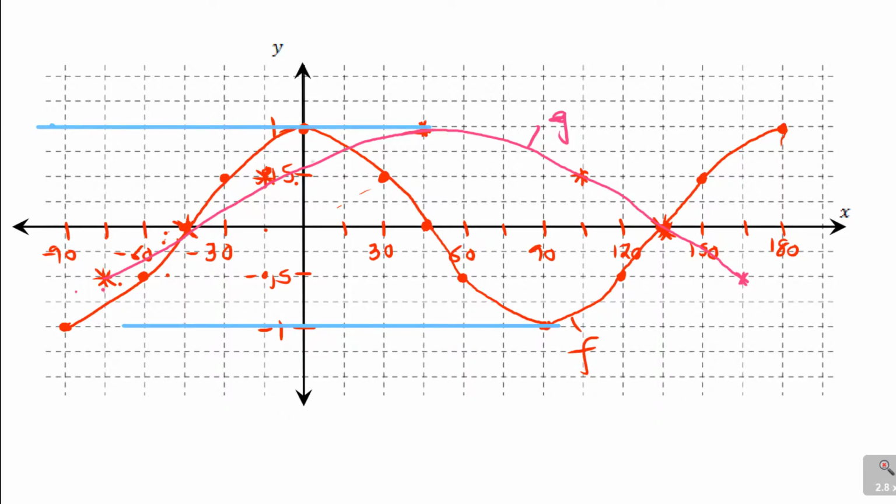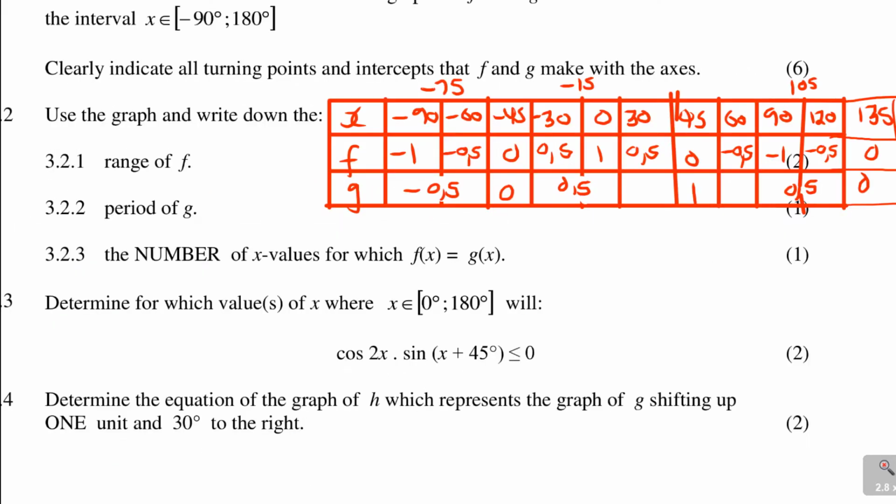So you can see the range of f is from 1 to minus 1. How do you write that answer? The range of f: f is an element of 1 to negative 1.